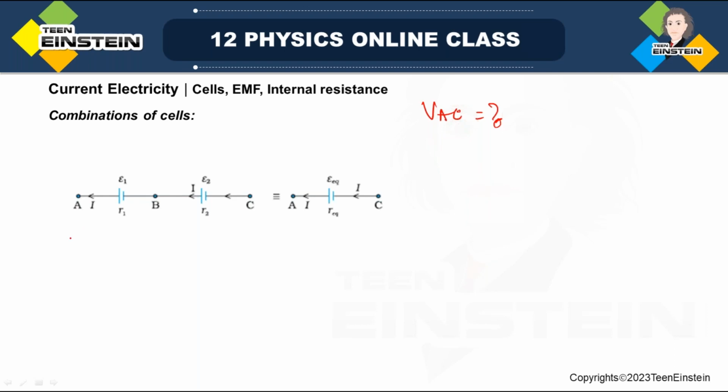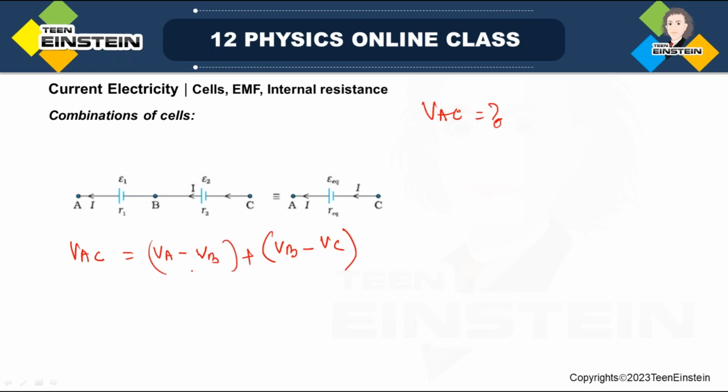Here you can see I can write the potential difference between A and C as VA minus VB, then VB minus VC. Okay, this will ultimately give you VAC.